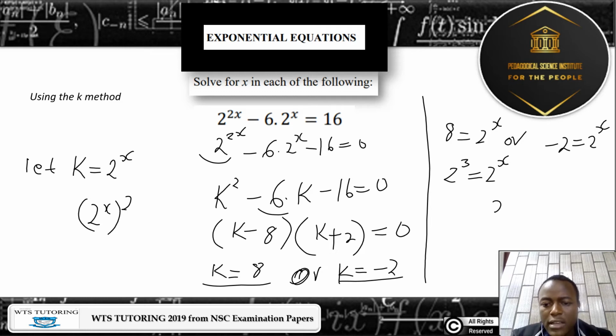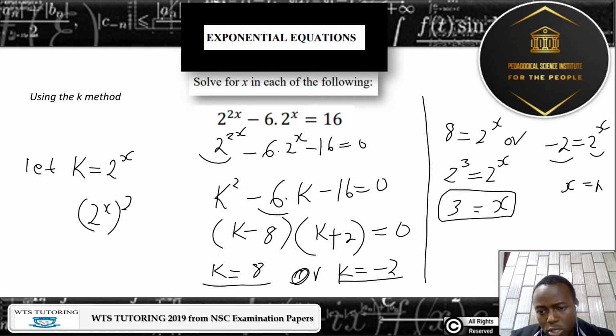Then I can solve for x because the bases are now the same. I equate the exponents, then my x will be equal to 3. Then here, there's no way the base can be the same. So in this case, x has no solution. So my x is 3 only.